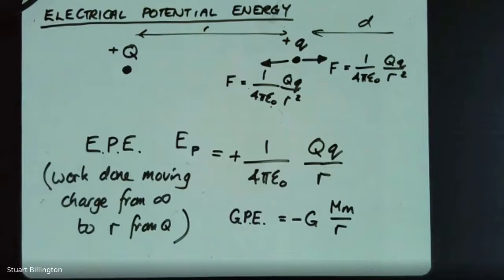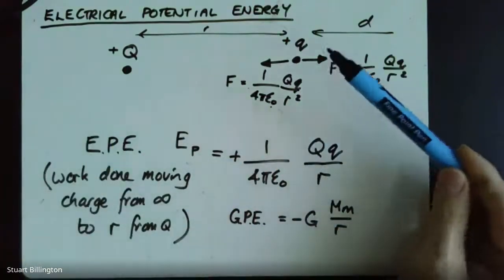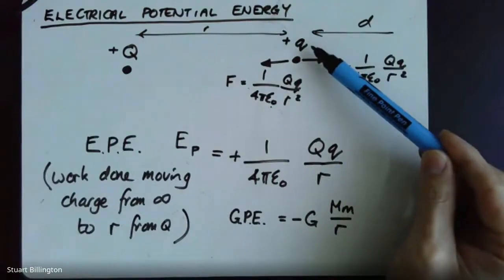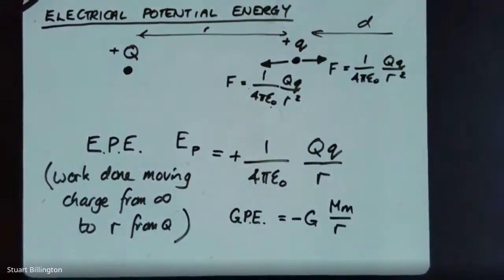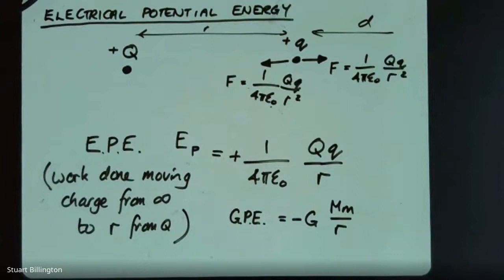to just a set distance r away from another charge. We're now going to carry on with the same arguments that we did when we did gravitational potential energy, and to state that again, we're going to break the symmetry between the two charges. And we're going to talk about not a specific charge Q, but any value you like charge Q that comes in.